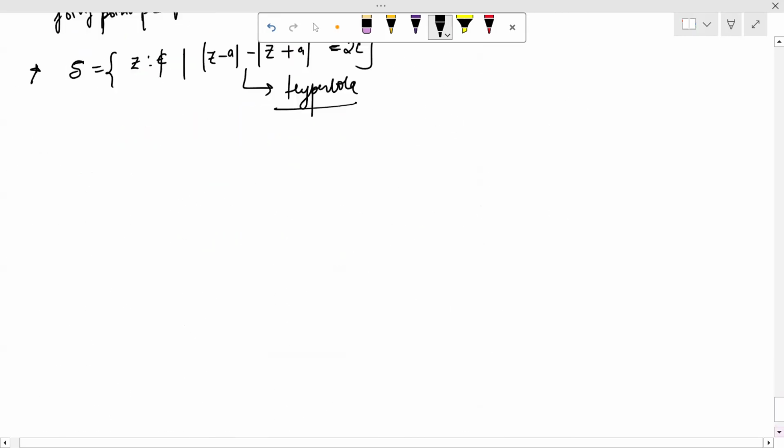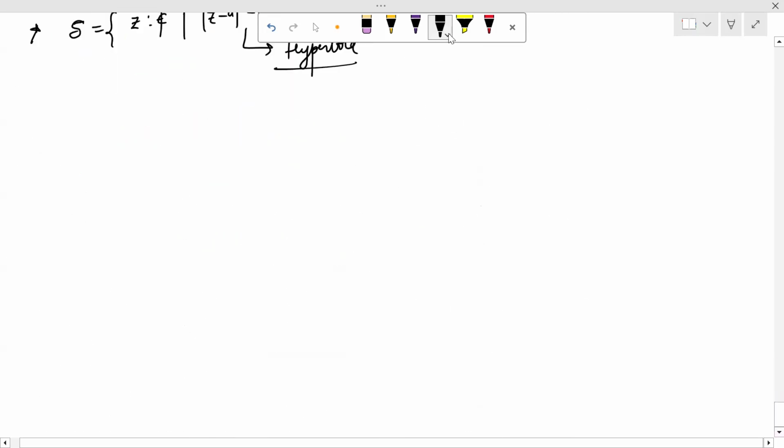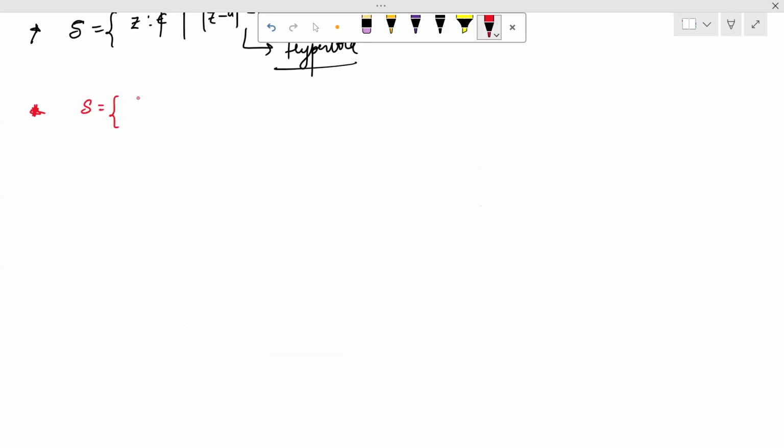Okay, another way of looking at it. Let us finish this lecture by looking at the same expression in a different way. We wanted to discuss the nature of the set S, given by Z belongs to C such that modulus of Z minus A plus modulus of Z plus A is equal to 2C.